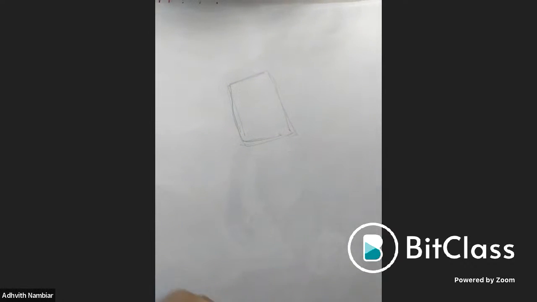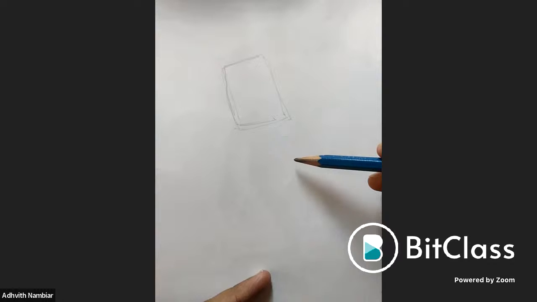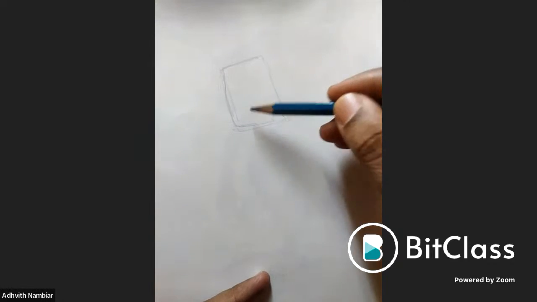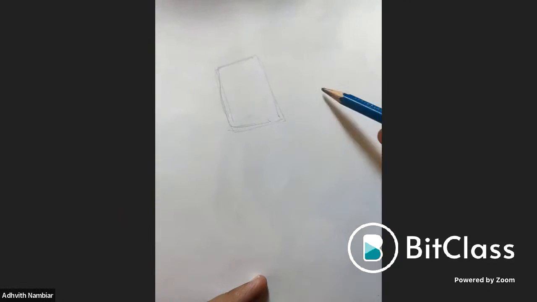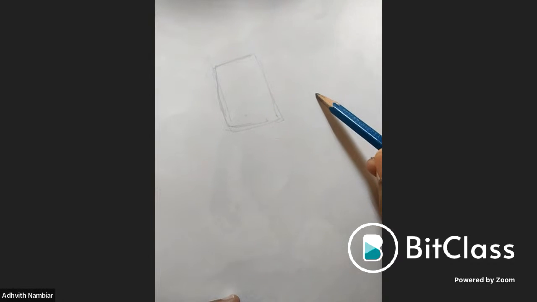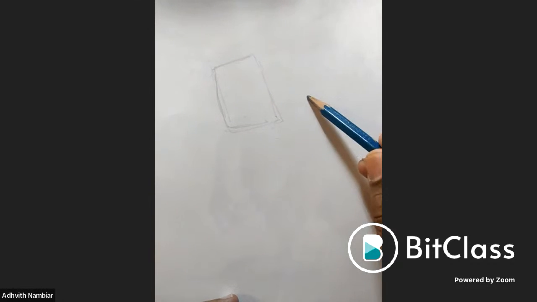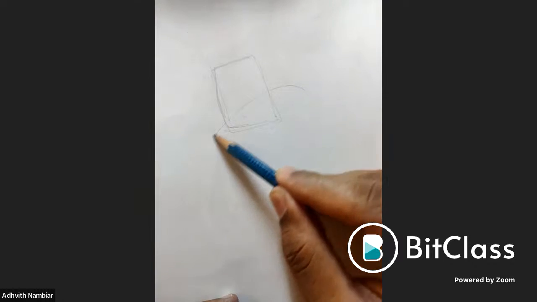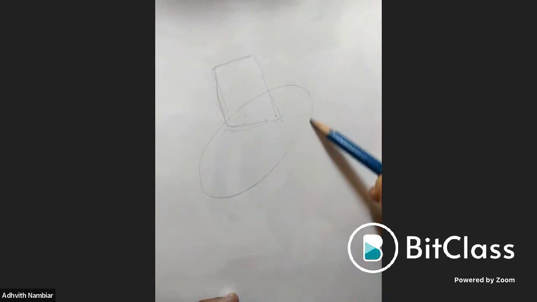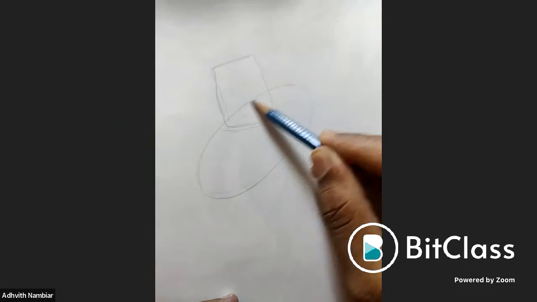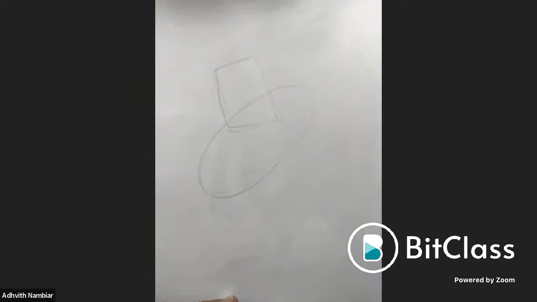Now, in front of this rectangle, not behind, okay, not behind, in front of the rectangle, I want you to keep a kind of oval, like this, in front of it.